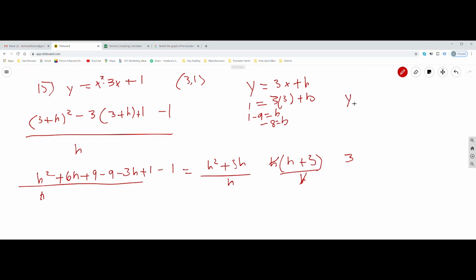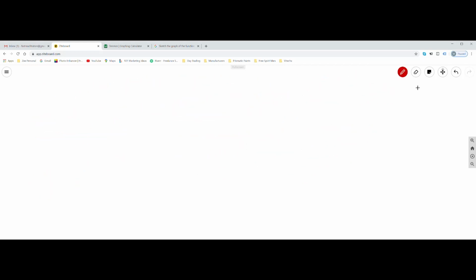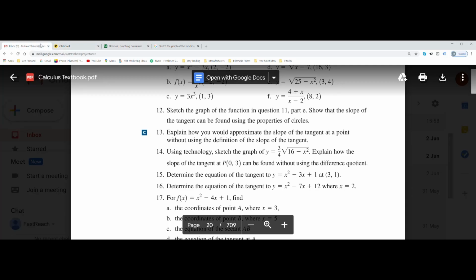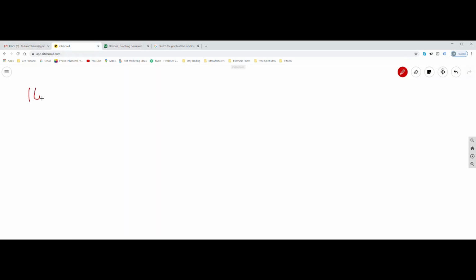So it's y equals 3x minus 8. Now let's clear that. Let's look at 16. 16 is x squared minus 7x plus 12.